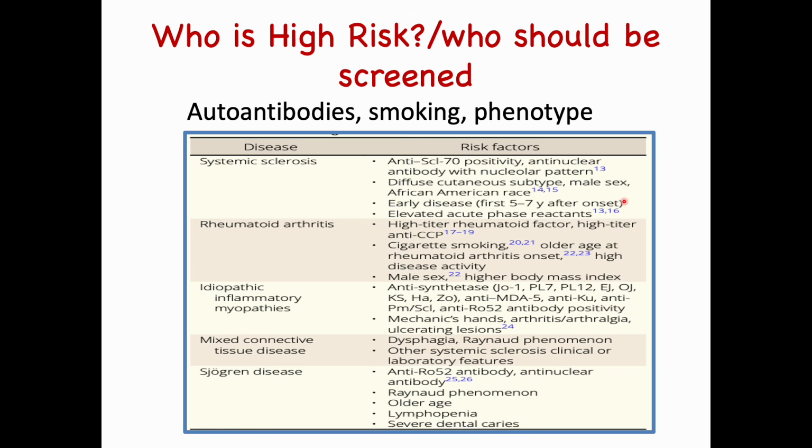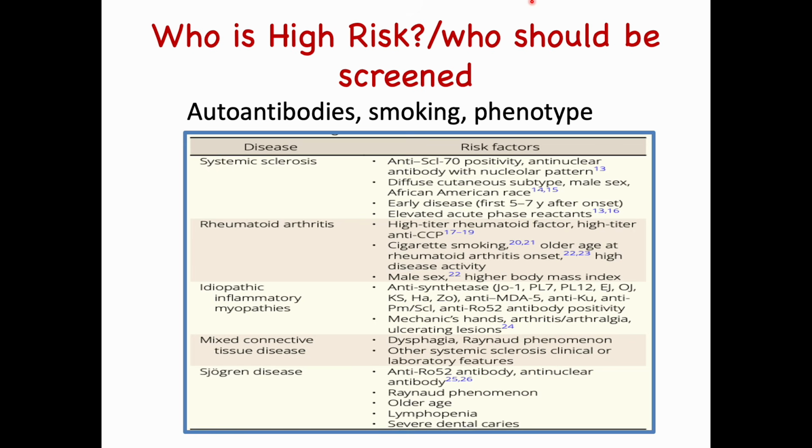Those patients who have a diffuse cutaneous subtype, who are males or are African Americans, need to be screened. And patients within the first 5 to 7 years of onset of the disease and the ones with elevated acute phase reactants must be screened.